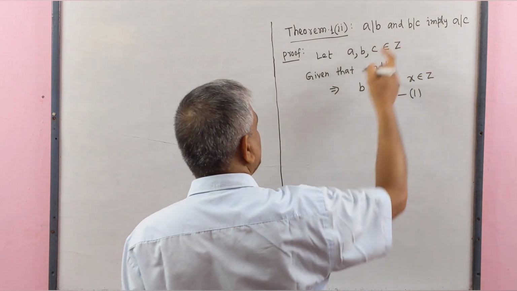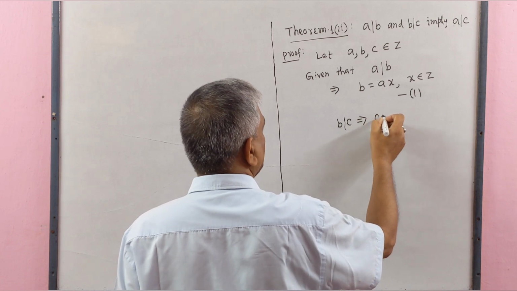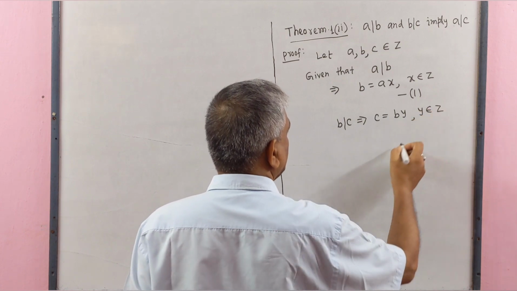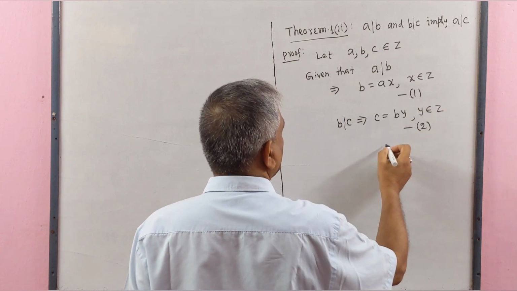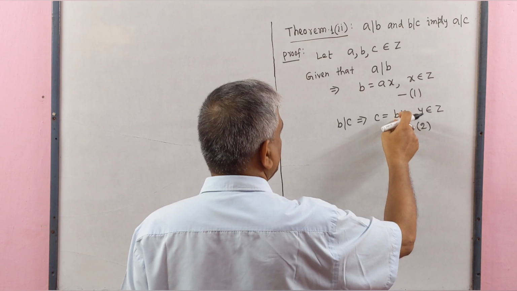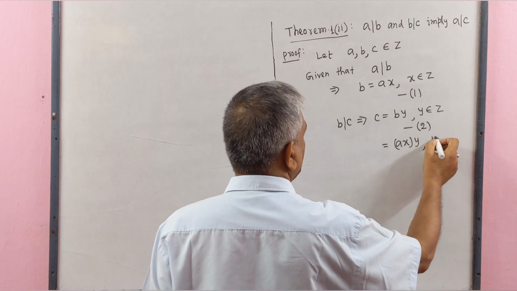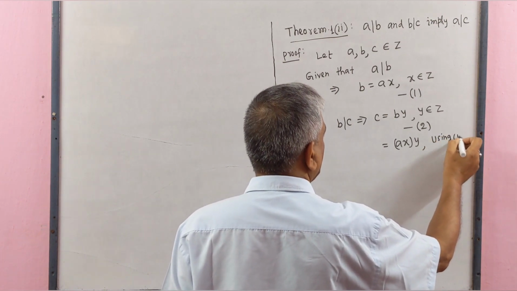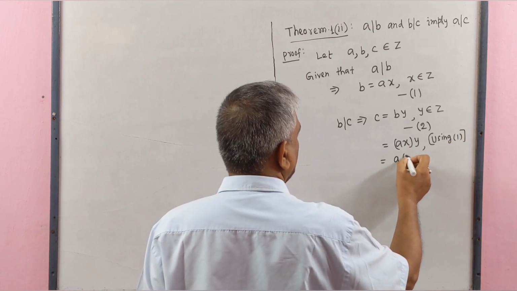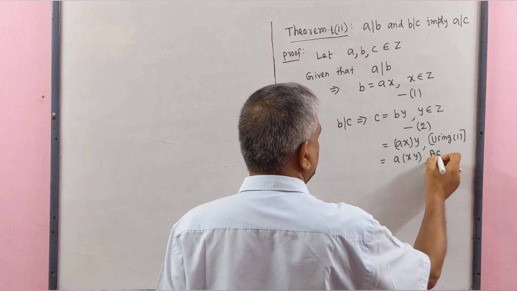Again, given that B divides C implies that C equal to BY, Y belongs to Z. This is number 2. Using 1, B equal to AX, so here we write C equal to AXY, using 1. This equal to A(XY) by associative law of integers.